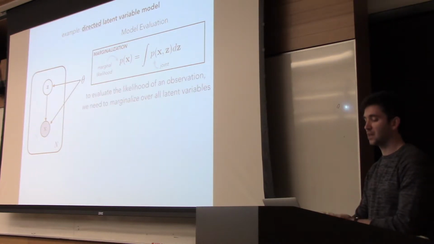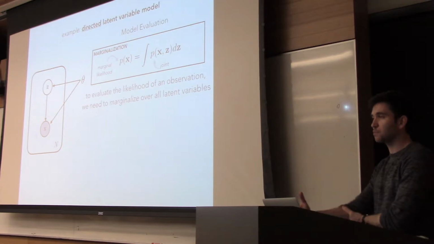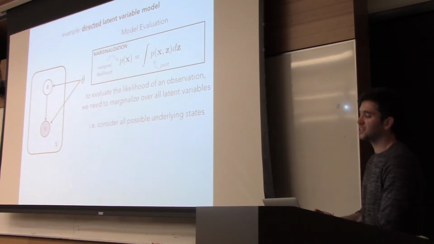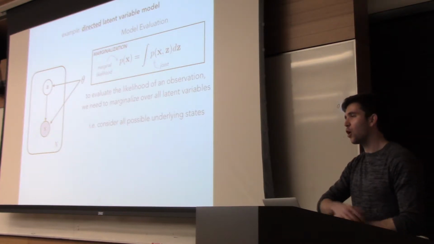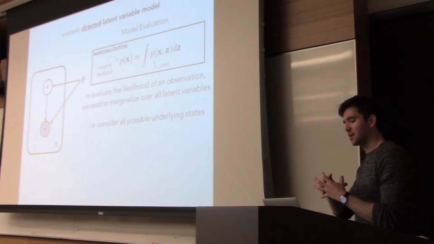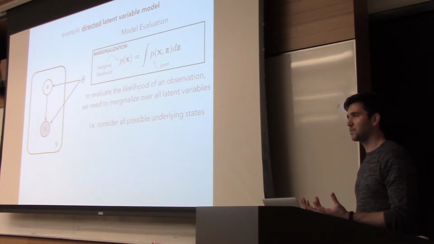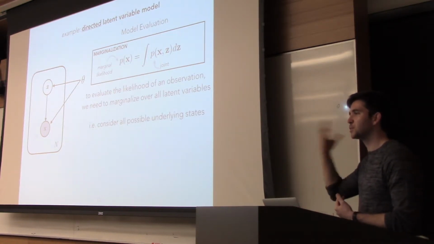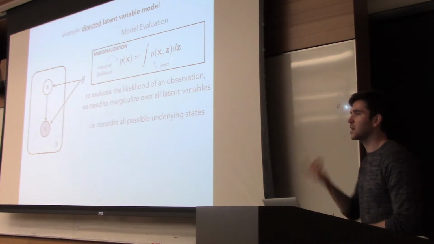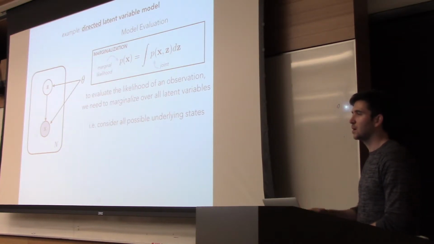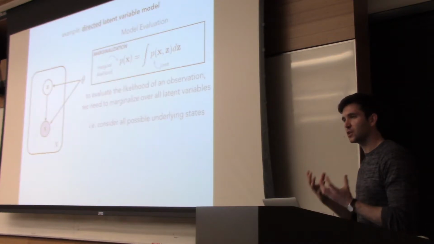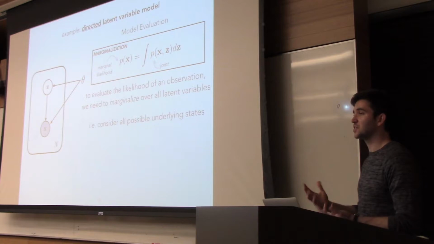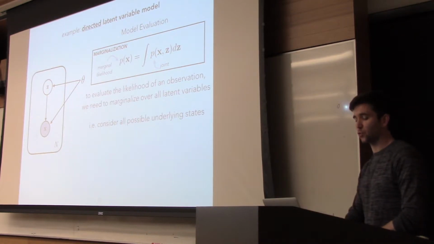You can think of this as considering all possible underlying states in your model and asking what kind of data distribution that gives you. If I've never seen a particular object, I wouldn't necessarily be able to imagine that object. So if the space of objects that you know is larger, you'll have a better representation of the true data distribution of the world.